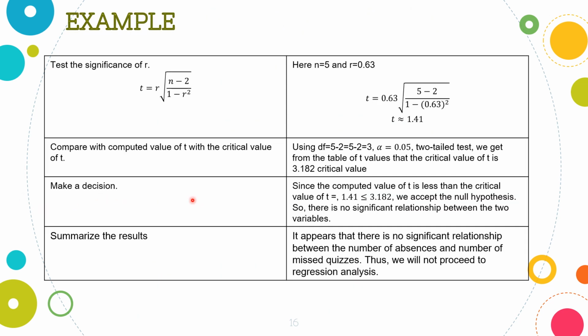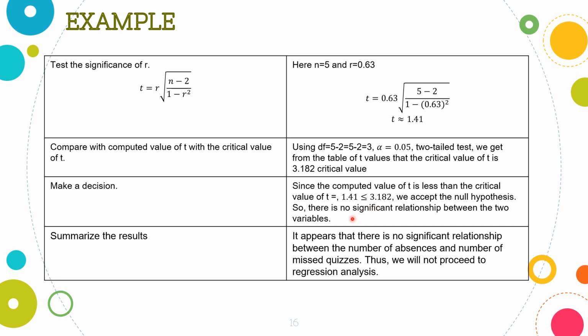So, we now make our decision. Since the computed value of T is less than or equal to the critical value, so, less than or equal dapat to the critical value of T, that is 1.41 is less than or equal to 3.182. So, what is our decision?